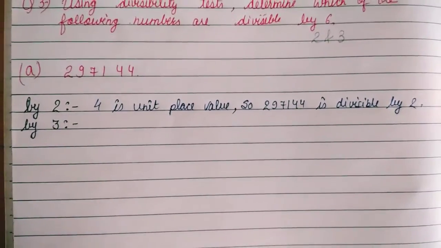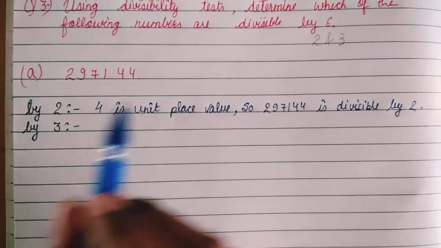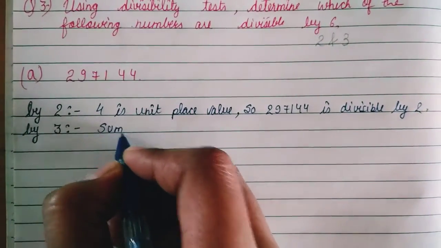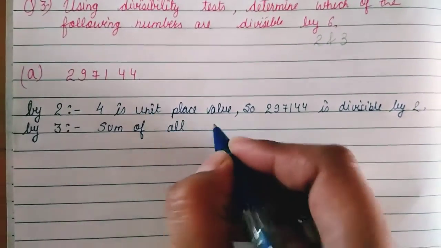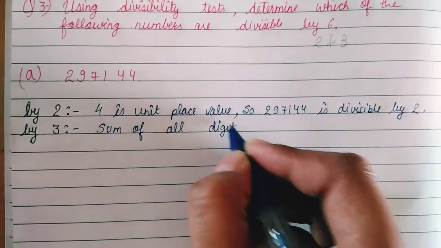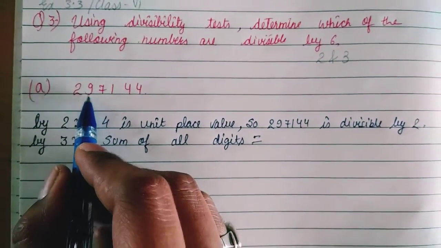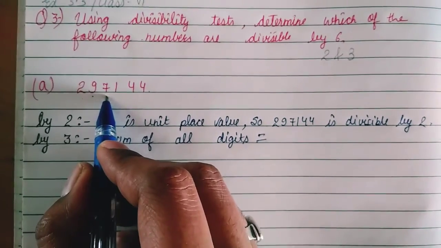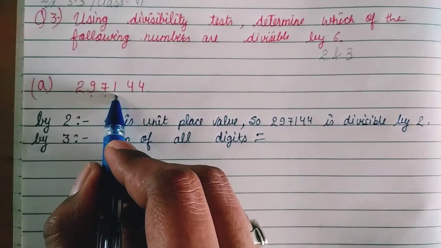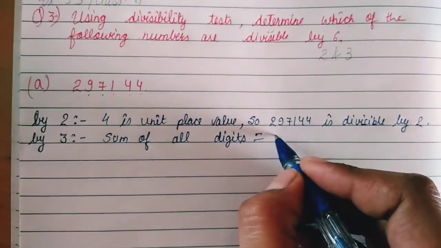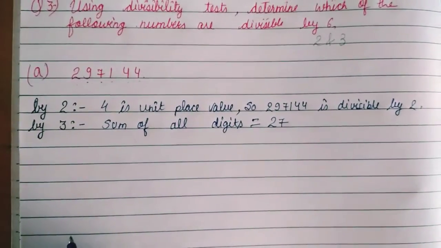For the divisibility of 3, we have to find the sum of all digits. Simply we will first find the sum of all digits, which is 2 plus 9, 11, plus 7, 18, plus 1, 19, plus 4, 23, plus 4, 27.